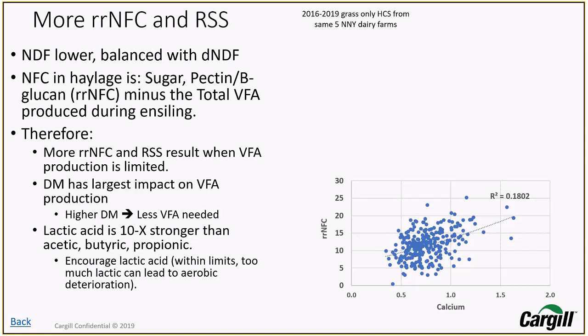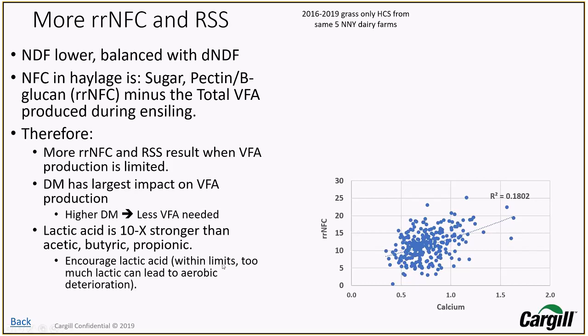So the drier the plant is, the less buffered it is by the moisture, we're going to have more effective acid going on, and the terminal pH is going to be reached sooner. But there's a limit to how much drier we can go before we have problems in other areas. Remember that lactic acid is 10 times stronger than acetic, butyric, and propionic, so we want to encourage that lactic acid as much as we can.